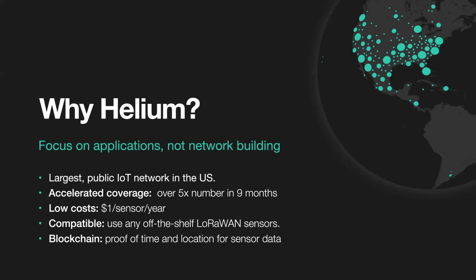We anticipate that it's going to grow much faster once all these new hardware partners are on board. So this network is accelerating at an unprecedented rate. We're already the largest public IoT network in the US, and that's going to continue to grow.